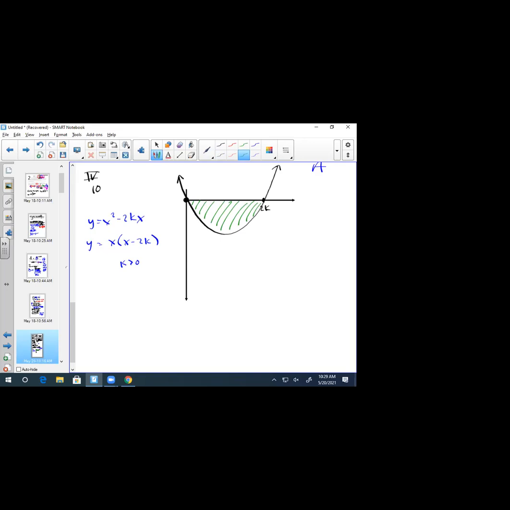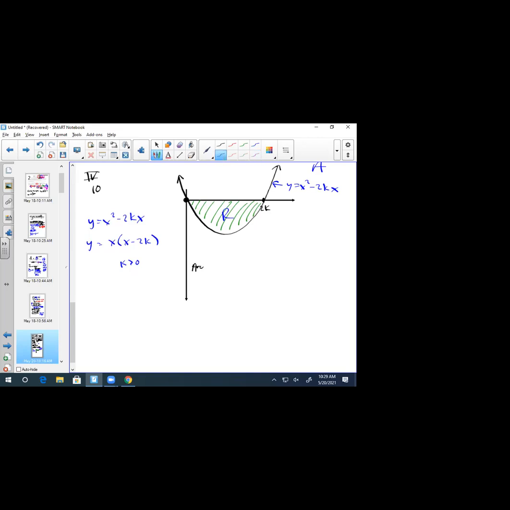If the area of the region R is 36, find the value of k. How would I find this? Again, this right there is y equals x squared minus 2kx. This is R, and the area of R is 36. Well, how would I find the area of R?